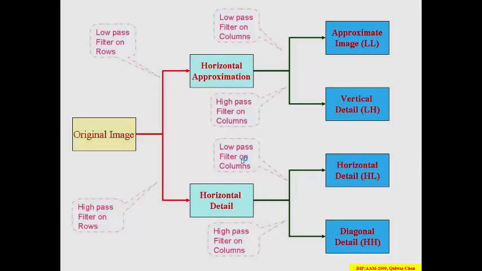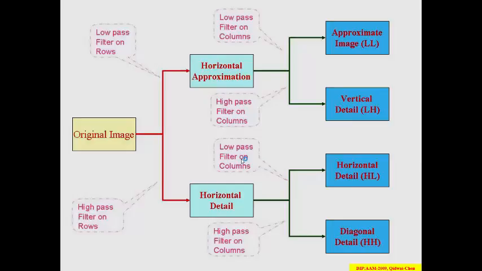Then in the next stage, I will consider the columns. Each one of these two images is passed through a low-pass filter in the vertical direction and a high-pass filter in the vertical direction.